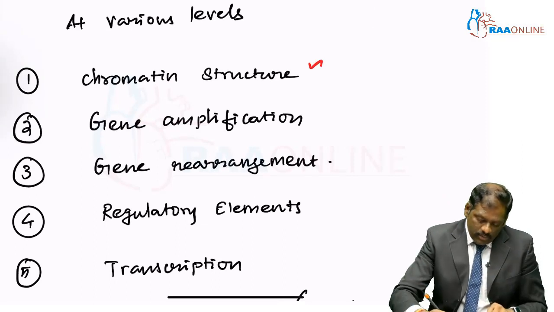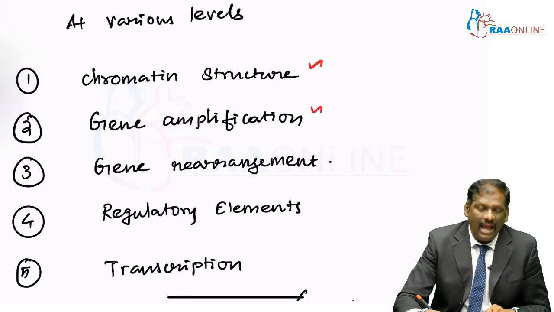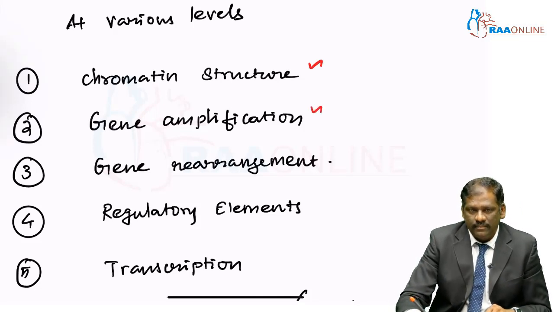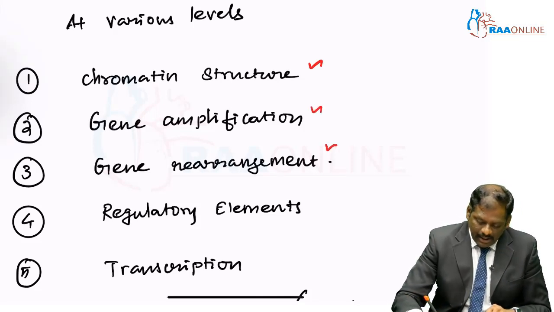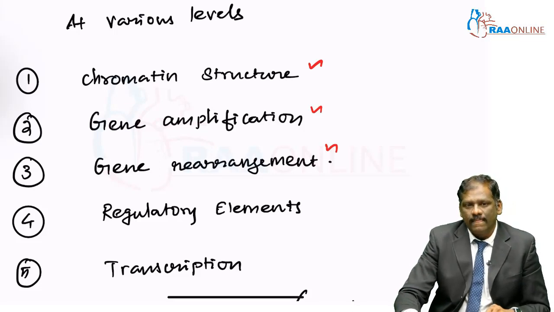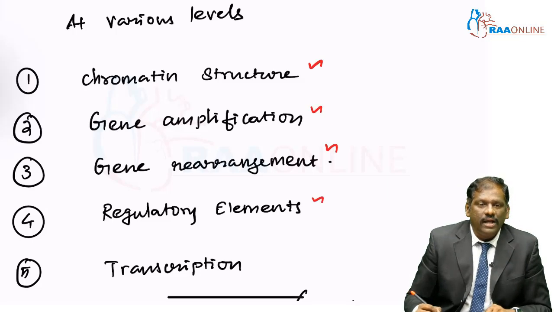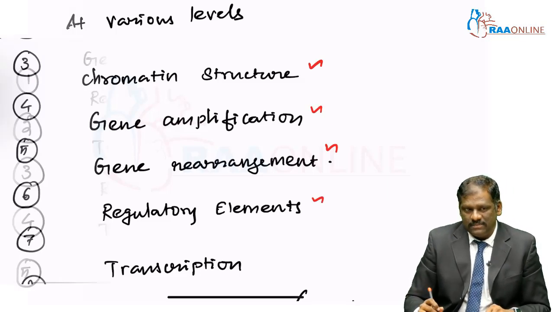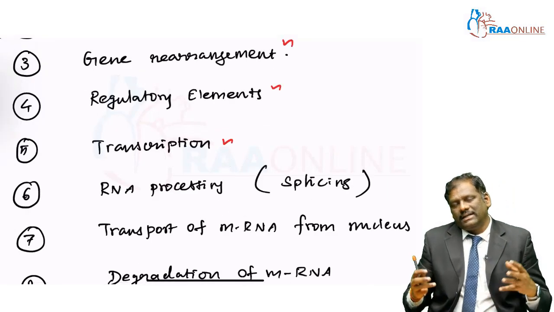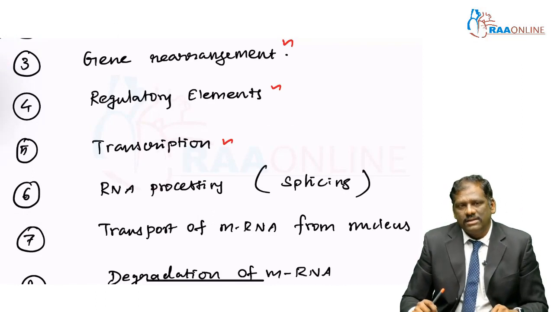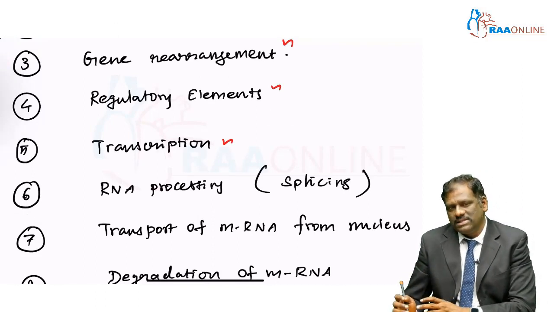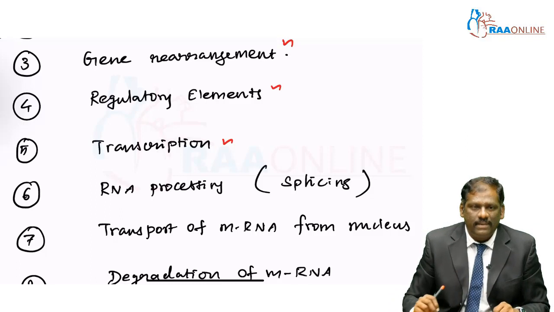Or it could be by gene amplification, by rearrangement of the genes, by the presence of various kinds of regulatory elements, or by transcription itself. So transcription can occur at certain places and it cannot occur at some other places.